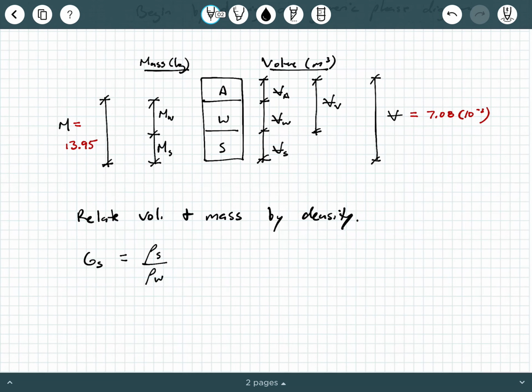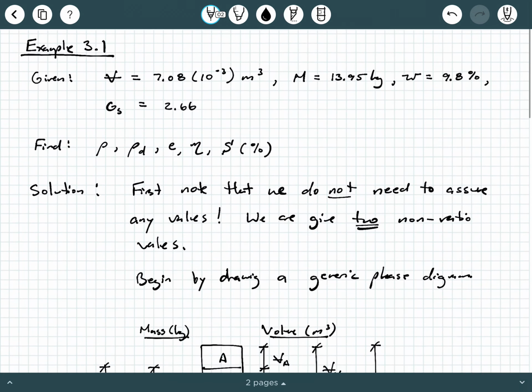What is my density of soil solids? Let me erase that. The density of soil solids is equal to the specific gravity of soil solids times the density of water. Now, were we given G sub S? Absolutely. We were given G sub S as 2.66.